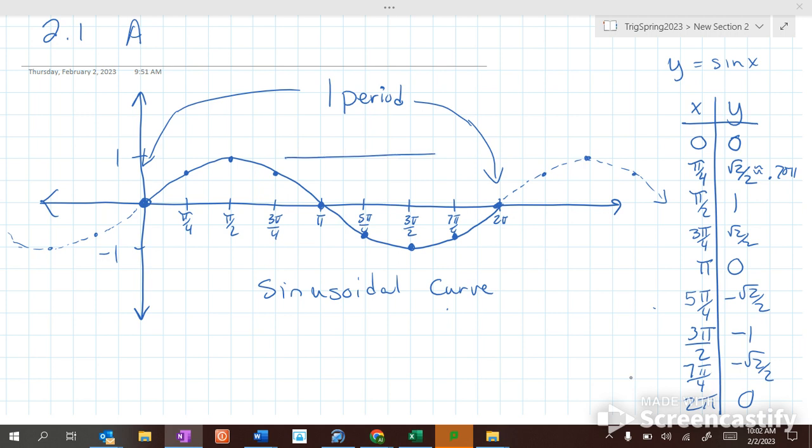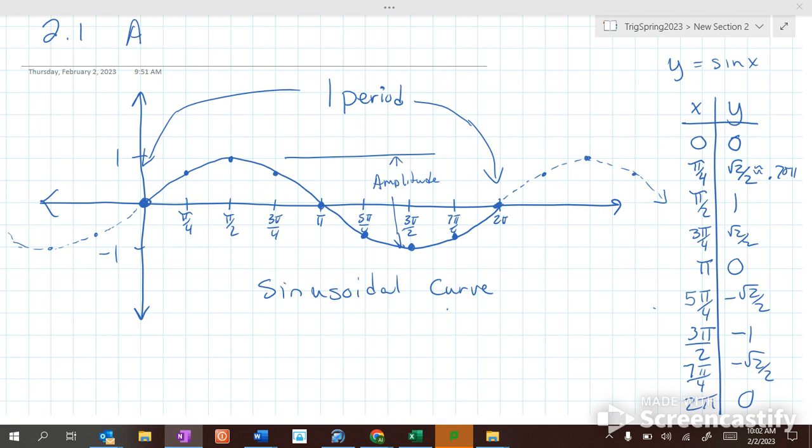The amplitude is the difference between the highest point and lowest point divided by 2. Okay?